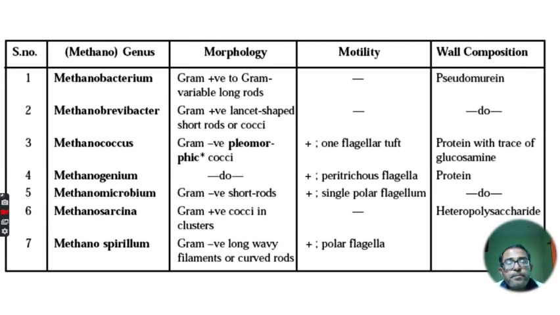Fourth genus is Methanogenium, which also has gram-negative pleomorphic cocci. They are motile by peritrichous flagella, and the cell wall is totally composed of protein component.